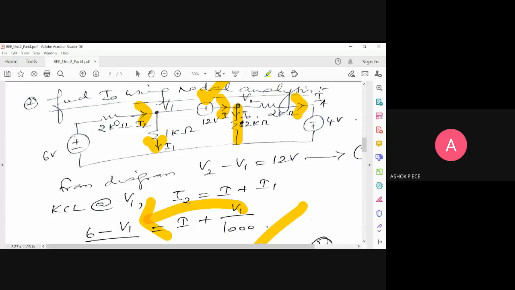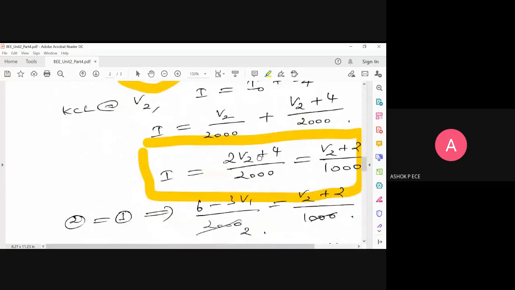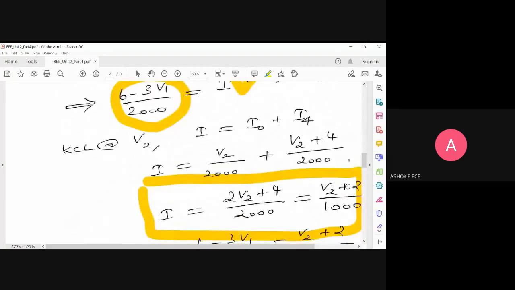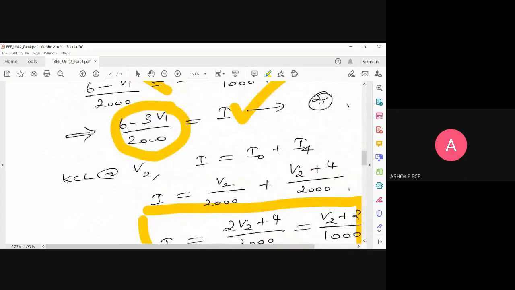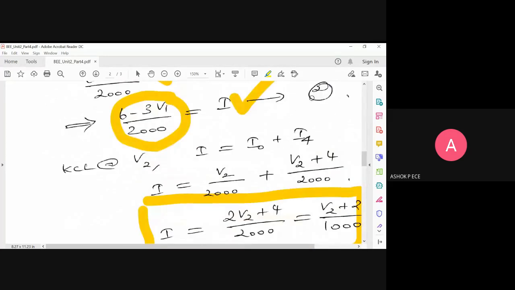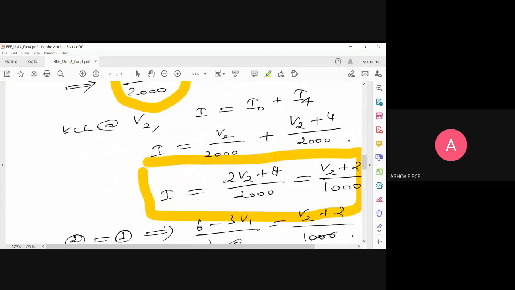Suddenly problems may come with huge values of resistance also. In that case, you should not think about what to do for this K. K is your kilo ohm. Wherever there is K, you multiply the value by 1000. So I got the value of I as V2 plus 2 by 1000. You get 2 equations for I. Equate them.